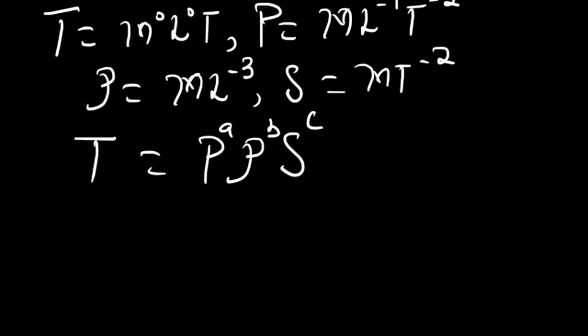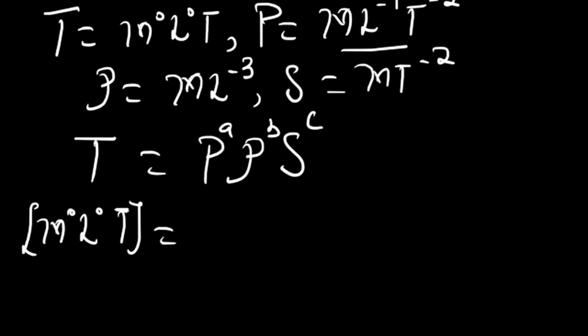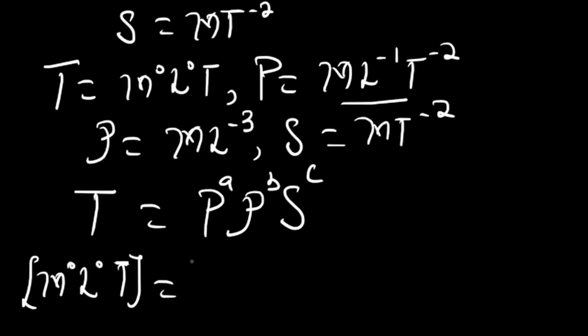Wherever I see T, I'm going to substitute the dimension for T. Hence, we now have M to the power of 0, L to the power of 0, and then T. Good. So this is equal to, wherever I see P, I put the dimension for pressure, which is M L^-1 T^-2. Hence, we now have M, L^-1, T^-2.